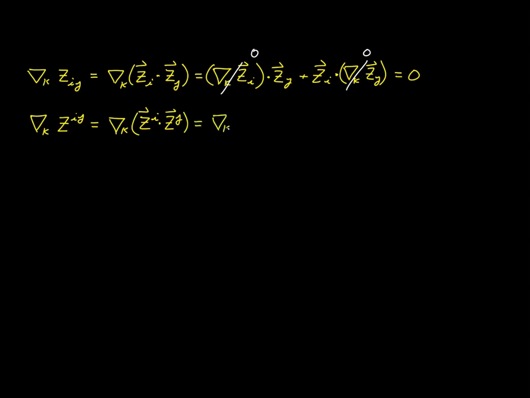The covariant derivative of zi dotted with zj, and then zi dotted with the covariant derivative of zj. And of course, because of the Metrinilic property, these two factors are both equal to 0, and that means that the entire expression, of course, is equal to 0. So we can say that the covariant metric tensor and the contravariant metric tensor both possess the Metrinilic property.